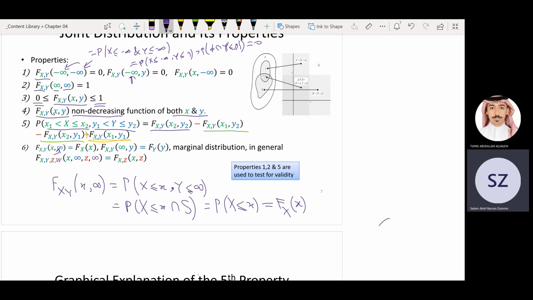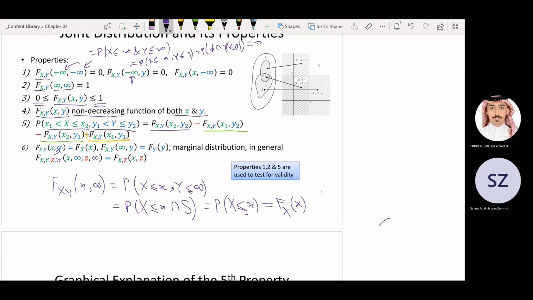So if I place y at infinity, when we derive it, this is equal to the probability that x is less than or equal to a specific x, which is equal to the CDF of x. So placing y equal infinity is as if y didn't exist. Then I'm not taking y into consideration. All this boils down to what is happening in x.